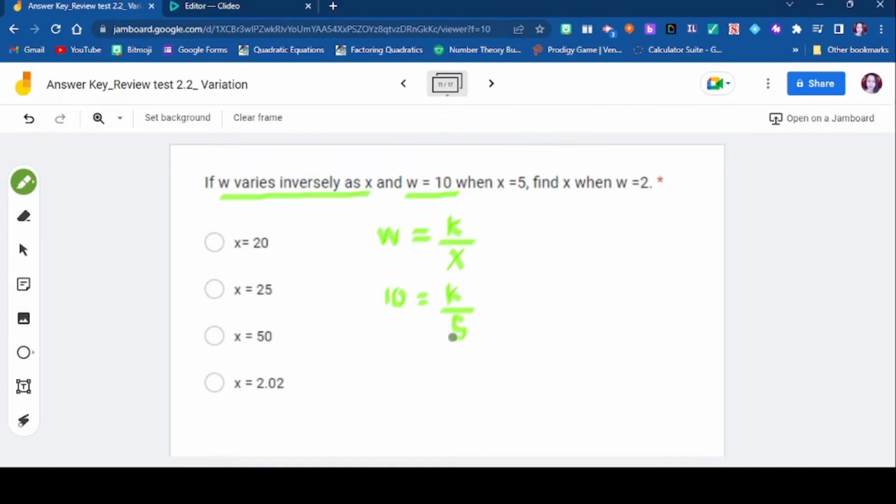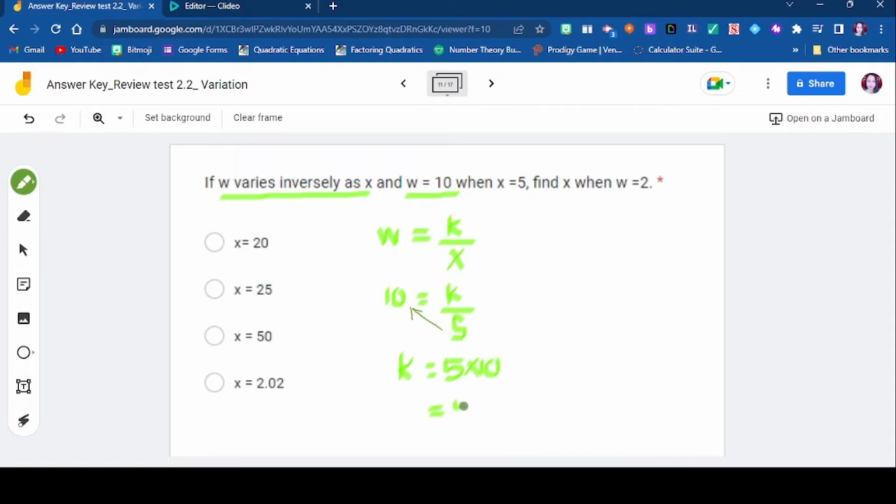Now, for us to find the k, we have to do the cross product. So that will become k is equals to 5 times 10. So 5 times 10 is equivalent to 50.